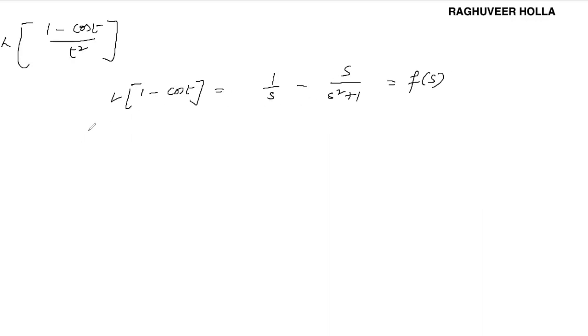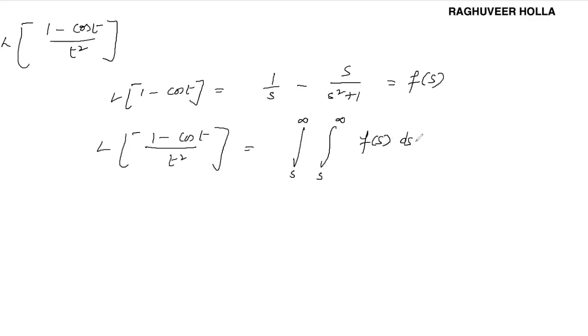Now Laplace transform of 1 minus cos t by t square: integrate this twice with respect to s. So this is f of s ds and ds.